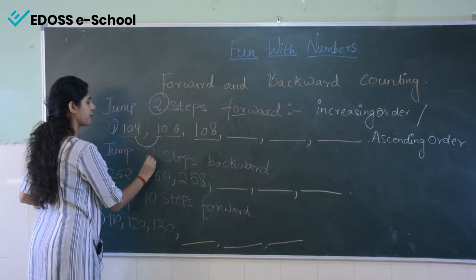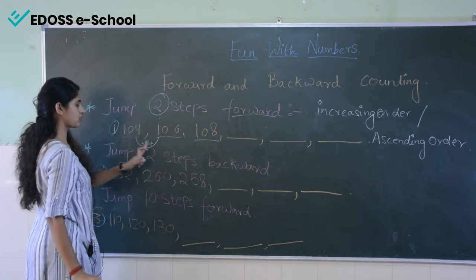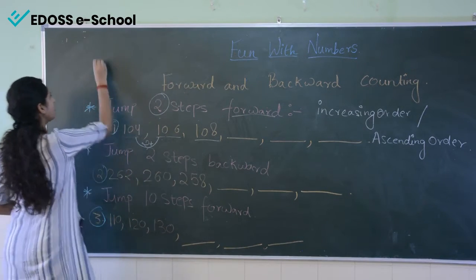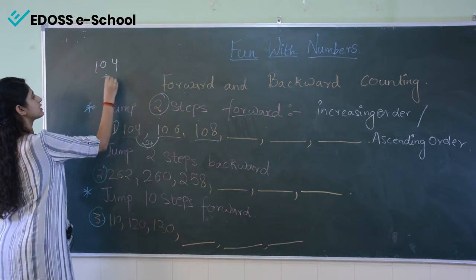In these numbers, how much is being added? 2 plus 104. So they are moving 2 steps forward.